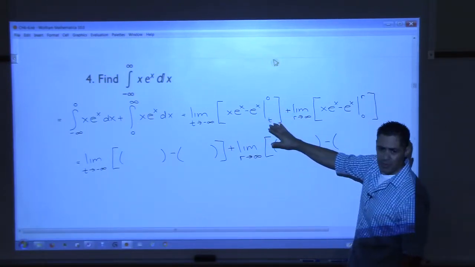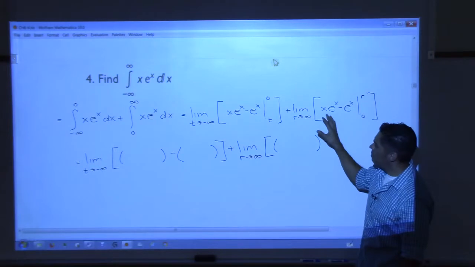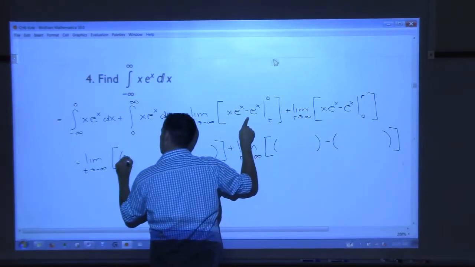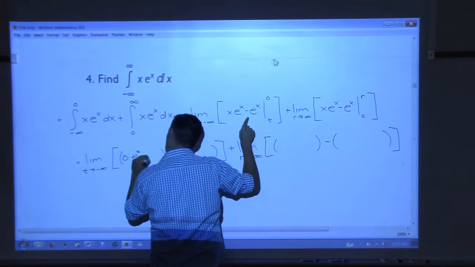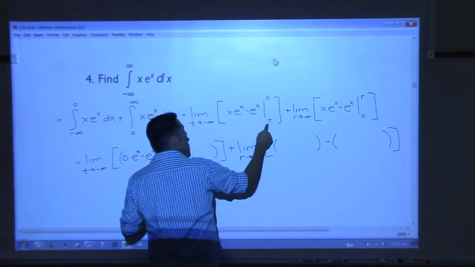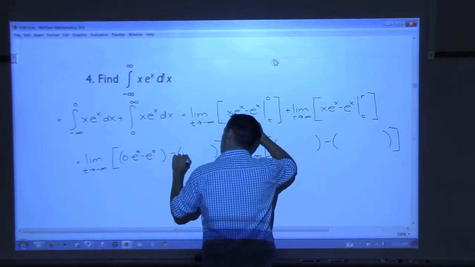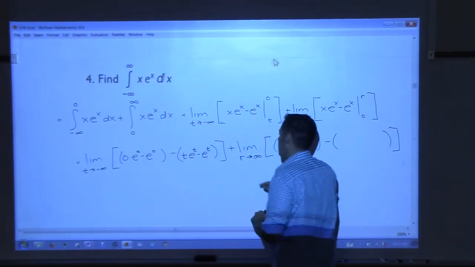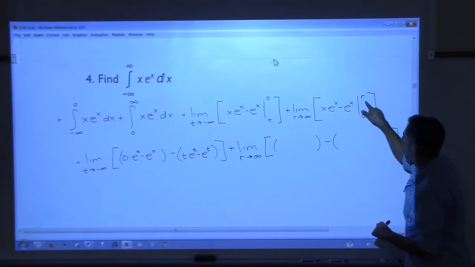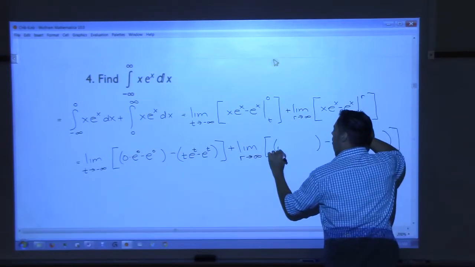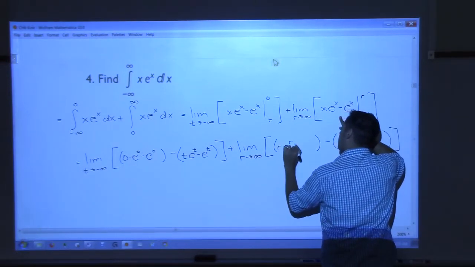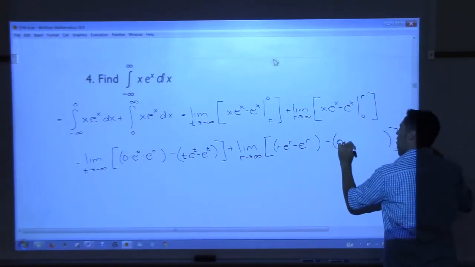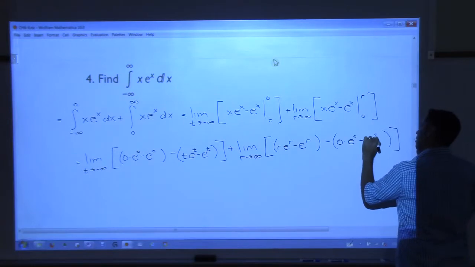Am I moving too fast on this, or is this okay? Okay, let's plug 0 into this. We get 0 times e to the 0 minus e to the 0. Then we plug t into this: t e to the t minus e to the t. And then we plug r into this one: r e to the r minus e to the r. And then 0 into this one: 0 e to the 0 minus e to the 0.